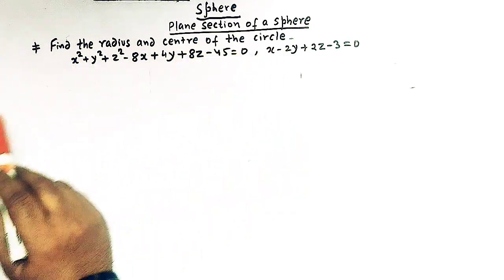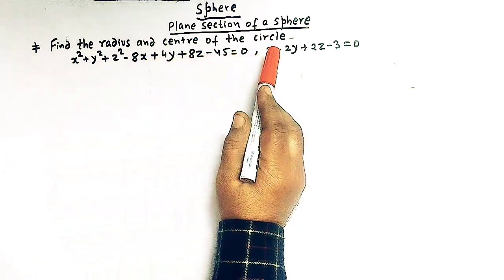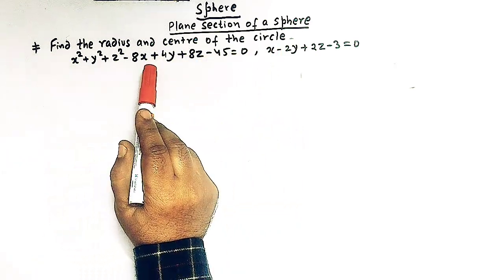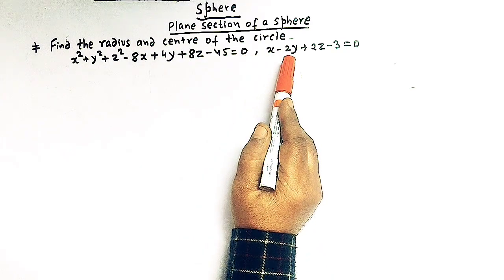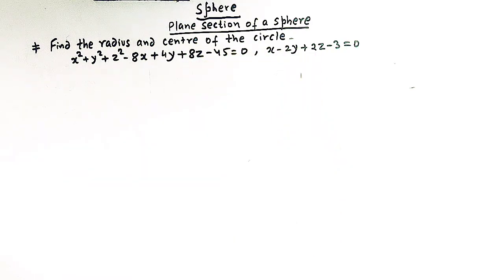We have to find the radius and center of the circle whose equation is given by the combined equation of a sphere and a plane. Let us first see the concept of plane section of a sphere, and then we'll solve this problem.